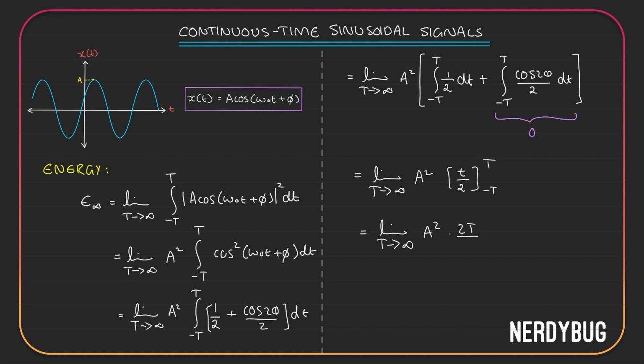So 2T divided by 2, and this is limit T tends to infinity A square T. We need the value of A square T. A is just the amplitude of our signal, it is a constant. T is infinite, so this easily becomes infinite. Our signal has infinite energy in an infinite time interval.